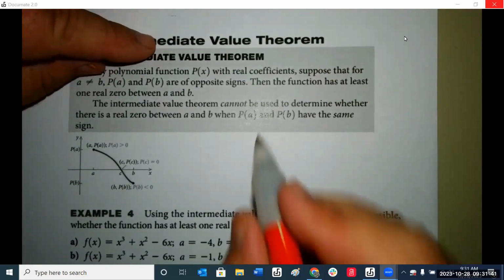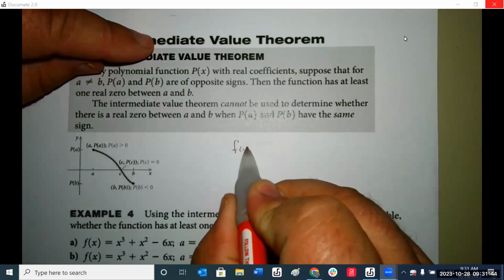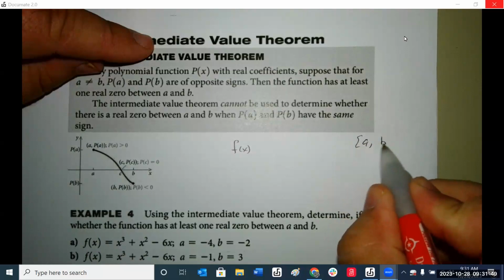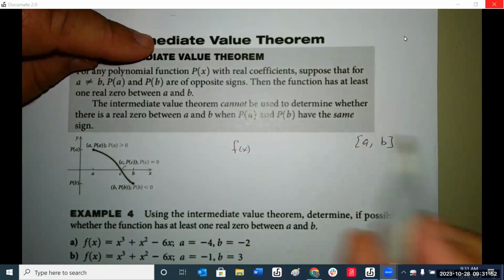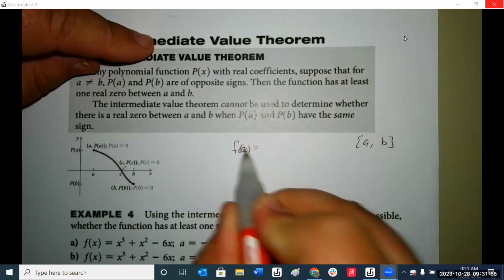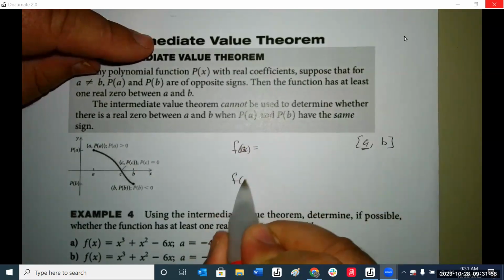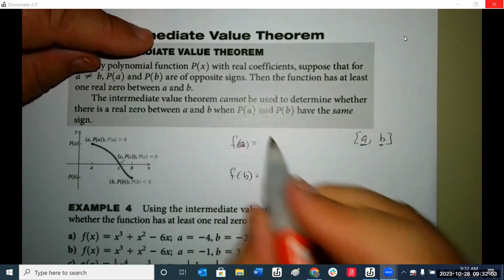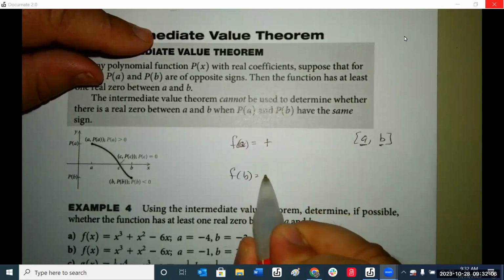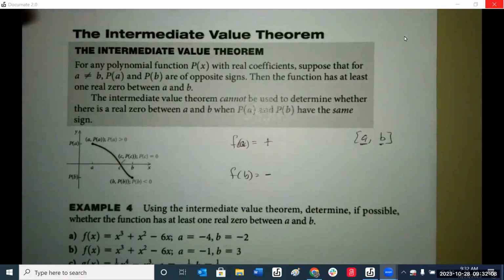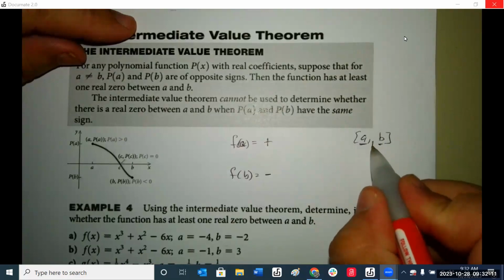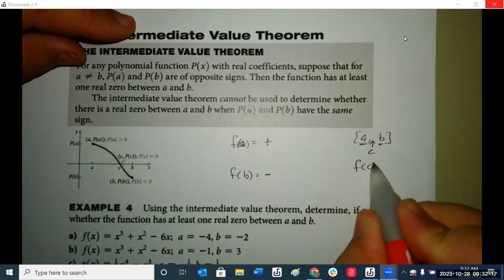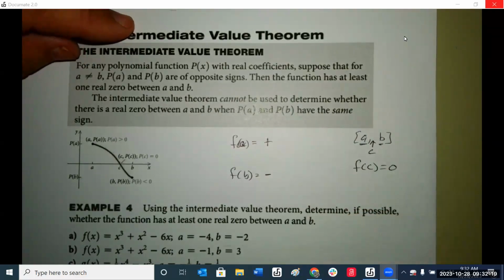Pretty much what this says is if I have a function and you give me two values in a domain, if I plug those endpoints, f of A and f of B, in there, and they come out with answers that are different signs, that means there has to be a number between there, let's call it C, where f of C is equal to 0, where it crosses the x-axis.